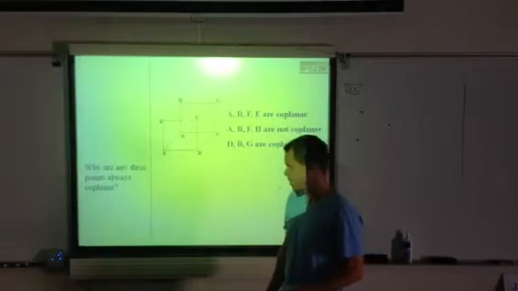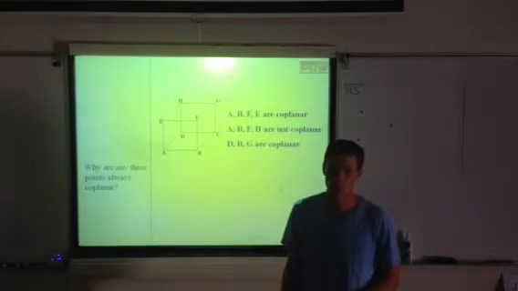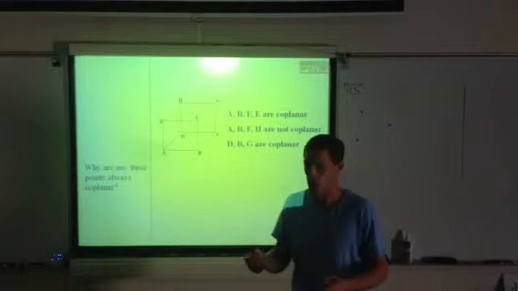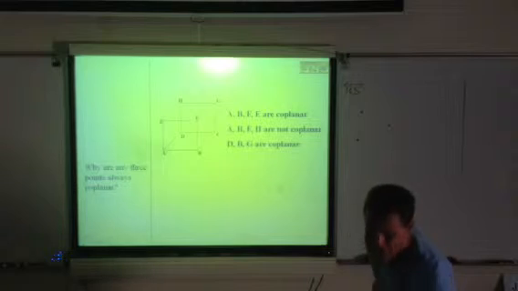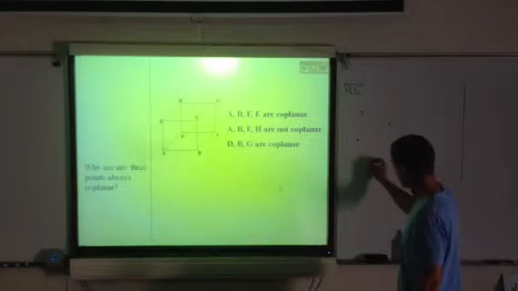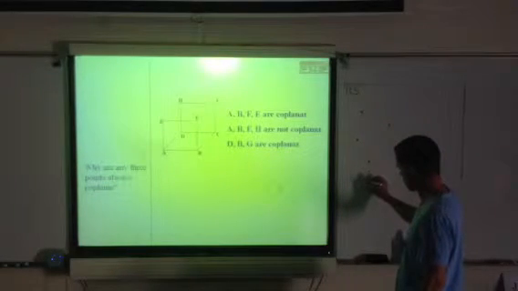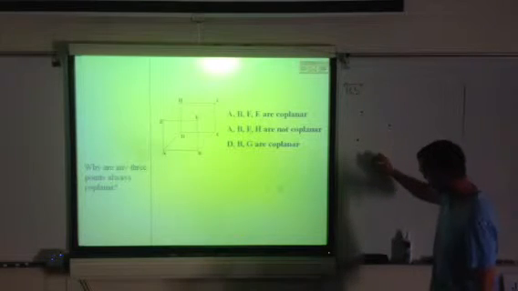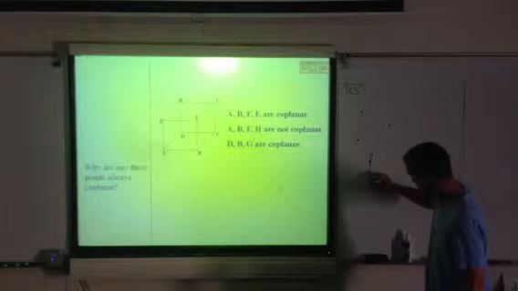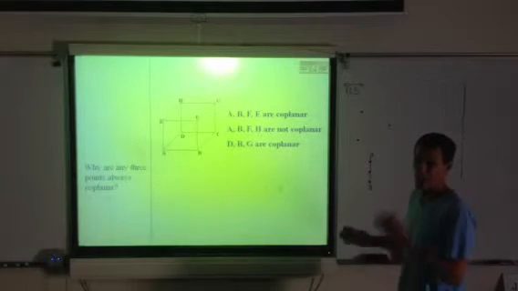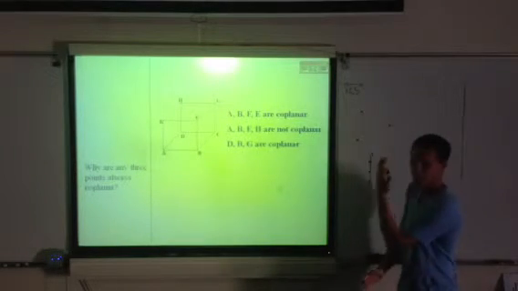So, why are any 3 points always coplanar? Well, there's only 2 options. Either 3 points are collinear, and if they're collinear, they lay on infinite planes. 1, 2, 3. Those 3 points lie on the whiteboard, but these 3 points also lie on the plane going straight through here.